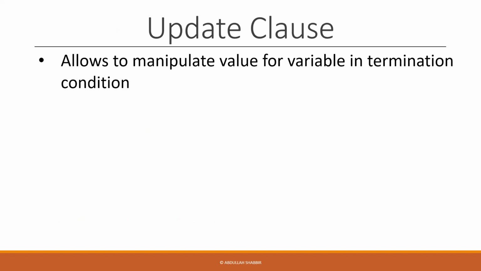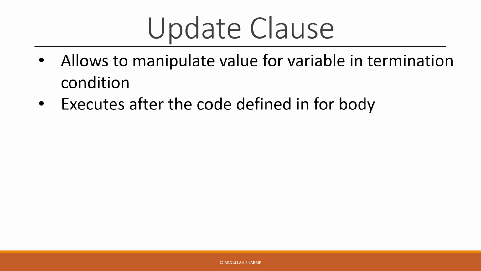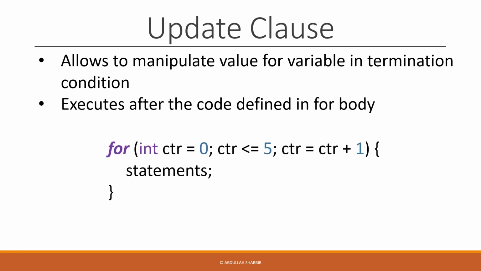Finally, the update clause is usually used to manipulate the value of the variable that you have used to specify the termination condition. Code defined in this block executes after all the code defined in the body of the for loop is executed. In this case, I have written counter is equal to counter plus 1, which means that every time after the for loop body is executed, I will increment my counter variable by 1.